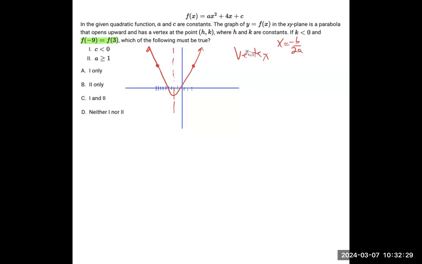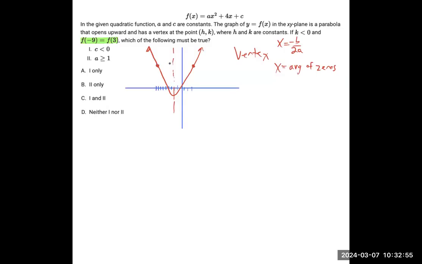And the x value of the vertex is also equal to the average of the zeros, or the average of any two moments of the same height. So for instance, if I had this zero and this zero, I could say, well, the vertex must be in the middle there, right? But if we know two equal heights, we can do the same thing.